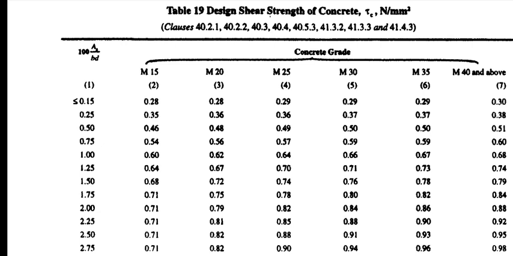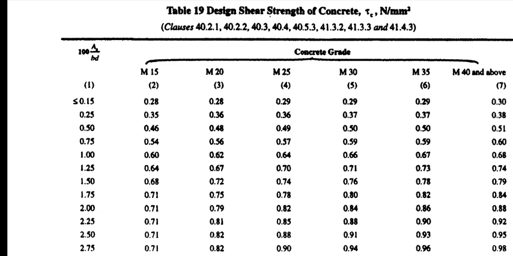There is no value for 0.33, but 0.33 lies between 0.25 and 0.5. Our grade of concrete is M20, so for 0.25 the design shear strength is 0.36 MPa or Newton per millimeter square, and for 0.50, when our grade of concrete is M20, the value of tau C is 0.48.